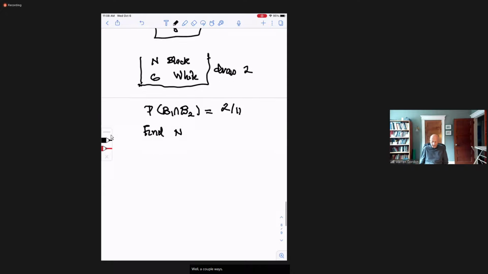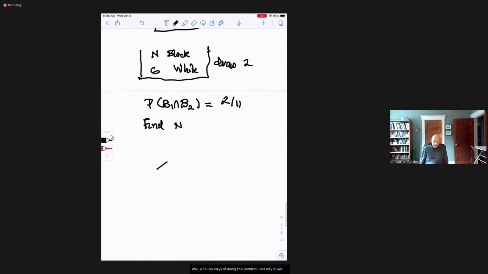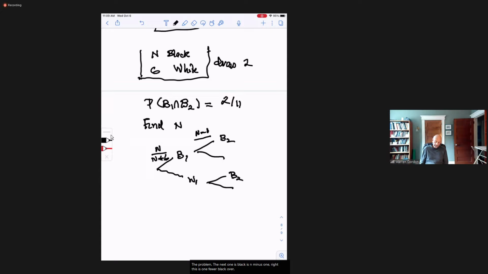Well, there are a couple ways of doing this problem. One way is, well, the first one is either black or white. The probability it's black would be n out of n plus 6, right? If the first one is black, the probability the next one is black is n minus 1, right? Because there's 1 fewer black, over n plus 5.